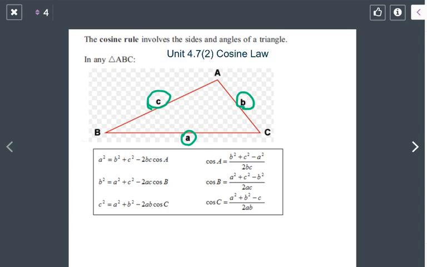The following six formulas stand for the cosine law. It looks very complicated, but as long as you can get the pattern, it will be easy for you. So we will analyze these six cosine law equations later on.